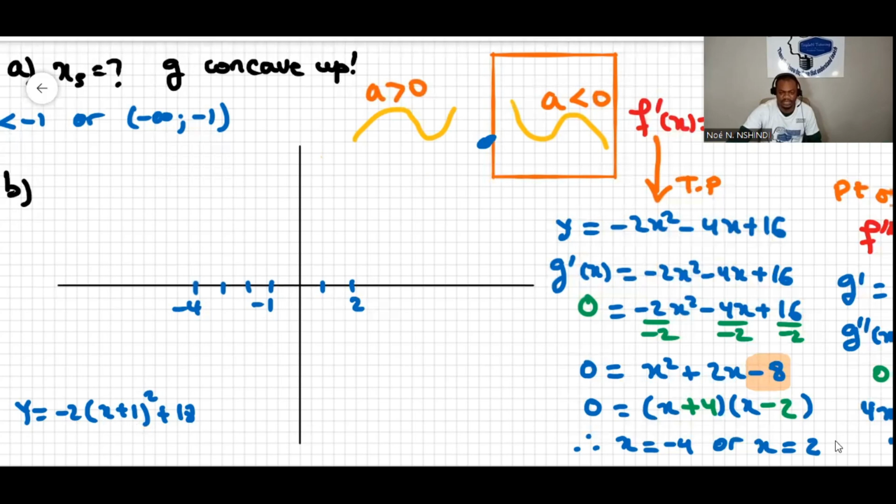Hold on a second. Oh yeah, I substituted in the wrong place. We don't substitute here because this is a derivative. It must be in the main function, which is not given. So we don't bother substituting the values in any of these equations, because the main equation is g of x, not g prime of x. All we know is that those determine the turning points.